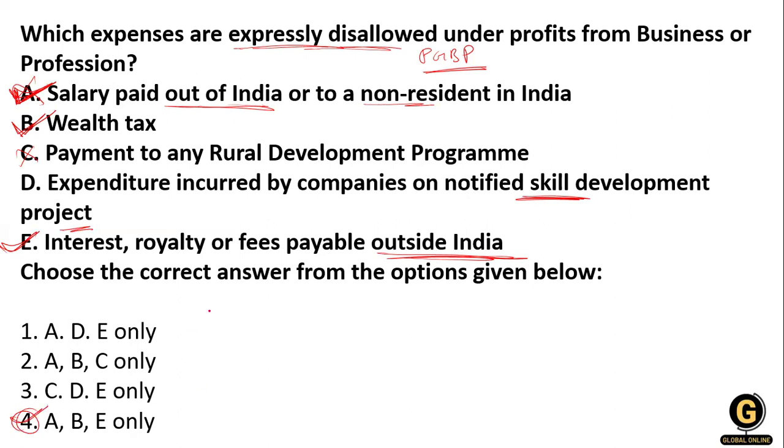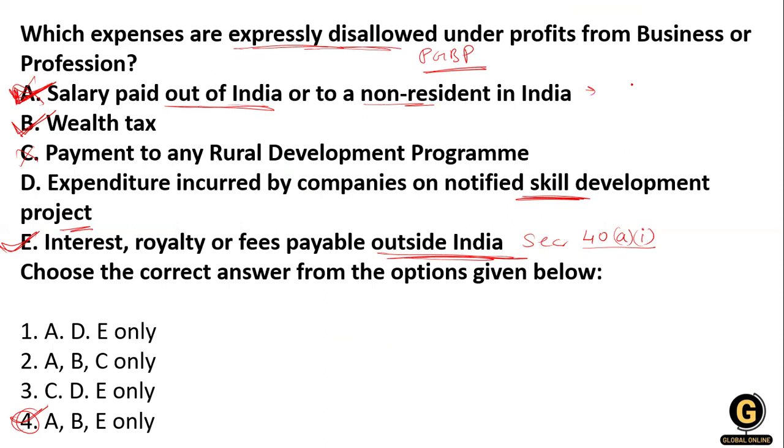Now I'm just telling the sections which cover the interest and royalty. Interest and royalty come under section 40A subsection 1. The interest and royalty fees payable outside India are given in 40A 1, as disallowed expenses on payment or credit to residents and non-residents.